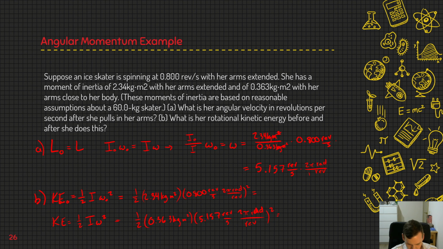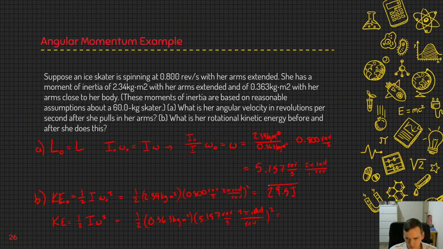And let's run these numbers just so you've got them. 0.5 times 2.34 times 0.8 times 2 pi, squared. I believe that gives us 29.56.